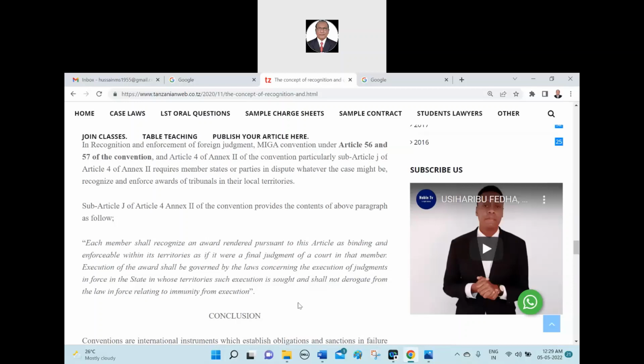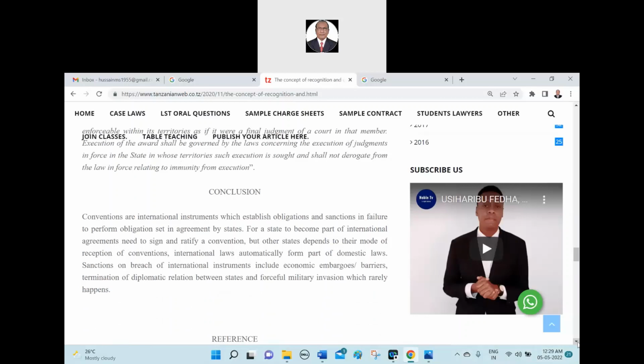Hague is number 1, 2 is New York, 3 is EU, and the 4th one is Geneva, and the 5th one is MIGA. Total? 5.